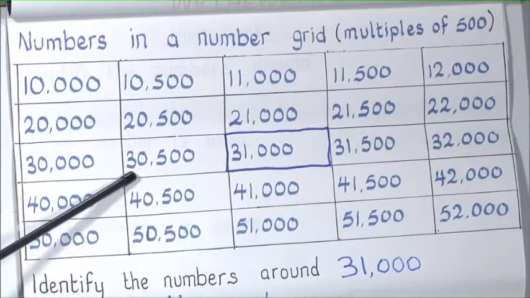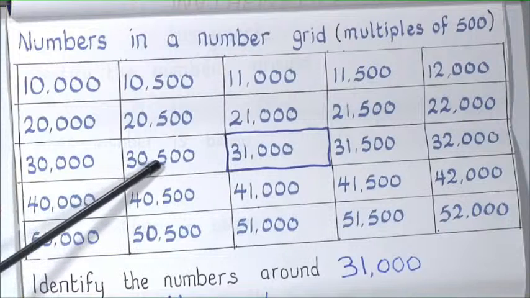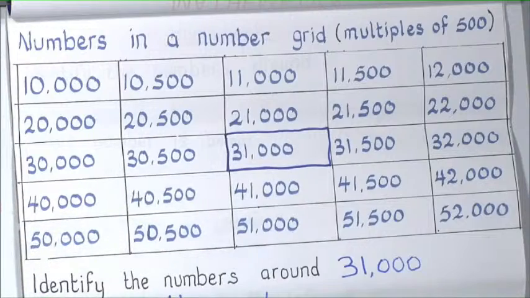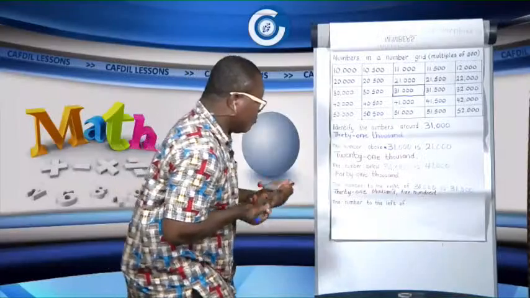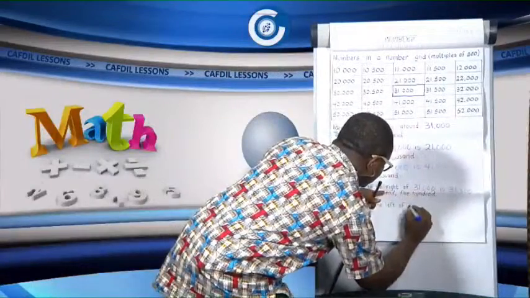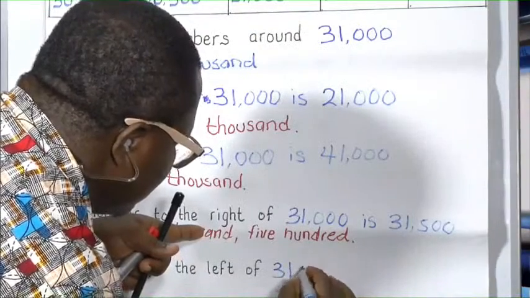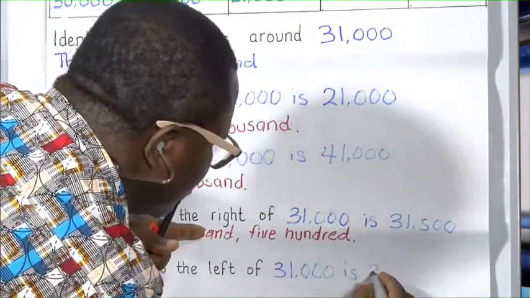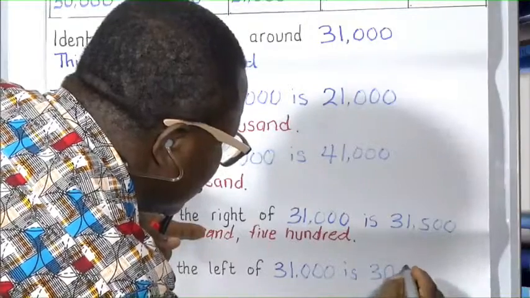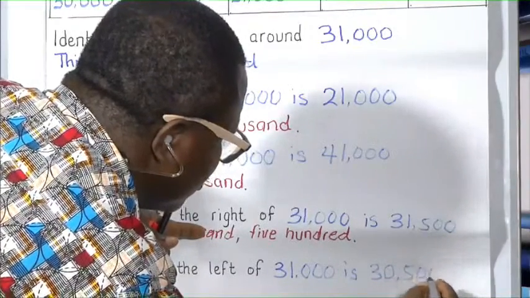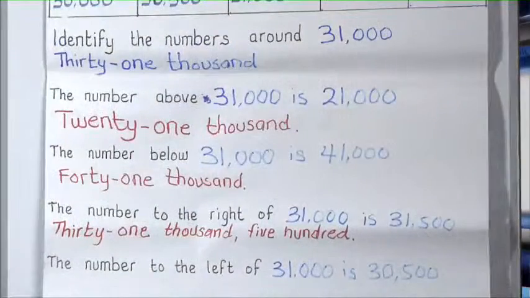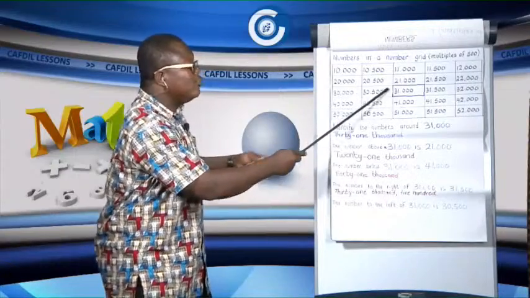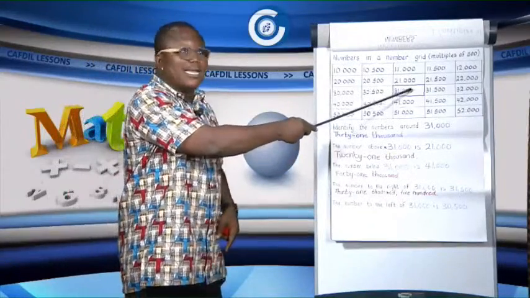And the number is what? 30,500. That is it. It's 30,500. That is the number to the left of 31,000.